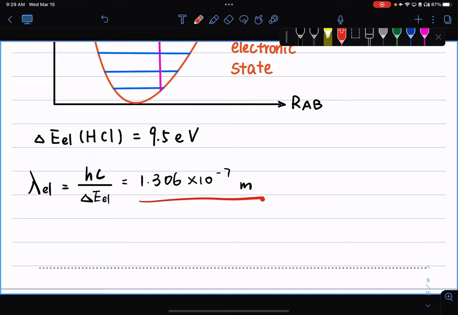And this wavelength, if we look at the electromagnetic spectrum, you can see that's UV light. So that's how to translate the energy back into wavelength and identify the spectral region of that wavelength.